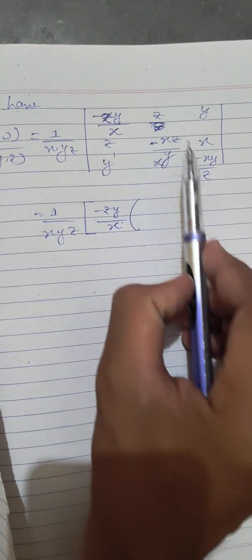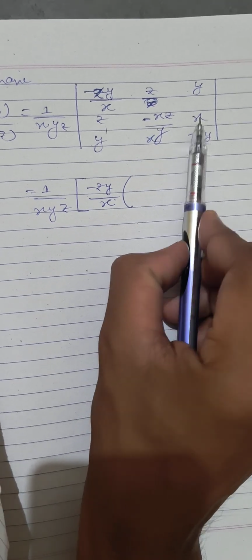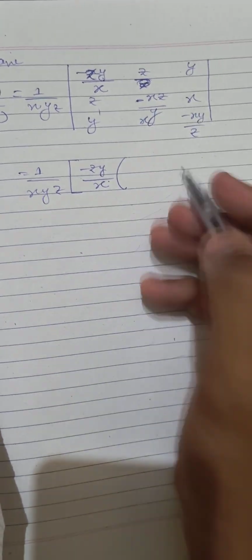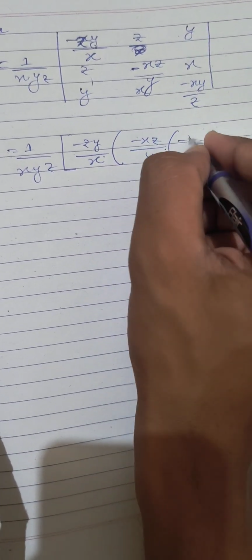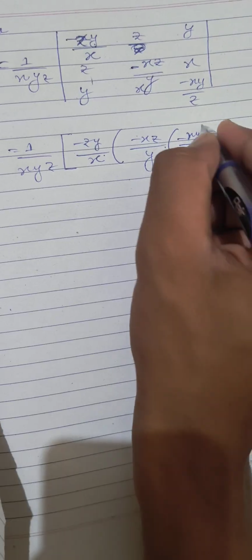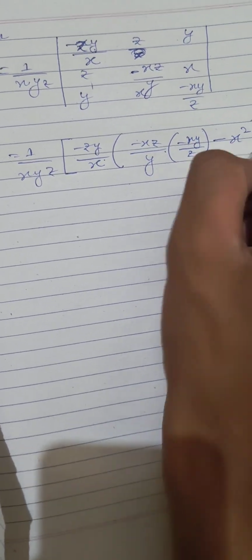What we are left with is this element and this element, minus this into this. So that is minus xz divided by y into minus xy divided by z, minus x square. This into this is x square.